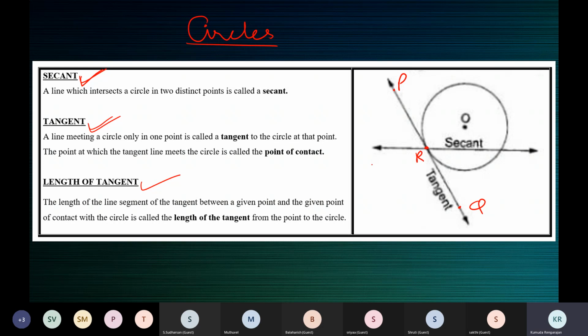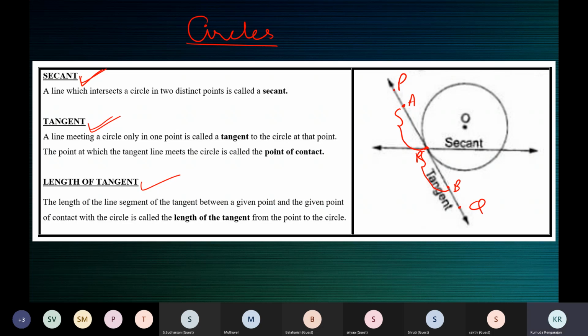Now, R is the point of contact, and supposing I take some point like A on the tangent. Now, AR is a tangent segment. Now, supposing I take a point B on the tangent. Now, BR or RB is a tangent segment, like how we say line segment, a part of a line.